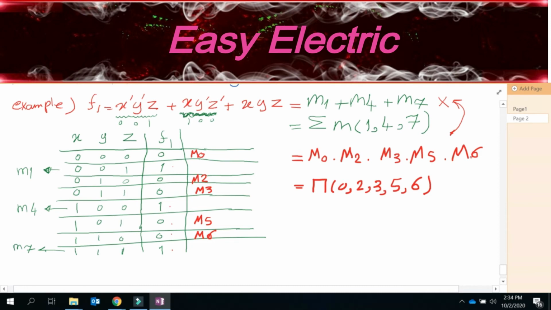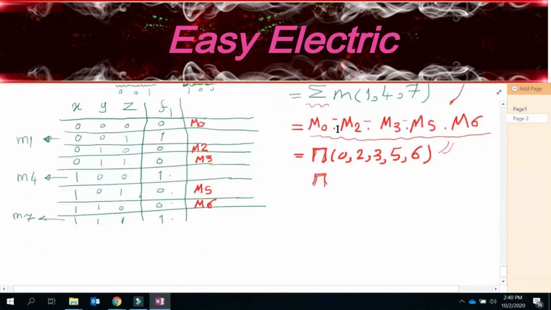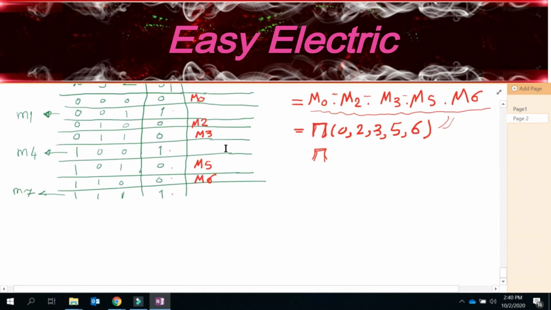Okay, so let me give one more example, which is the other function here. You have f2, which is a function in Boolean algebra.